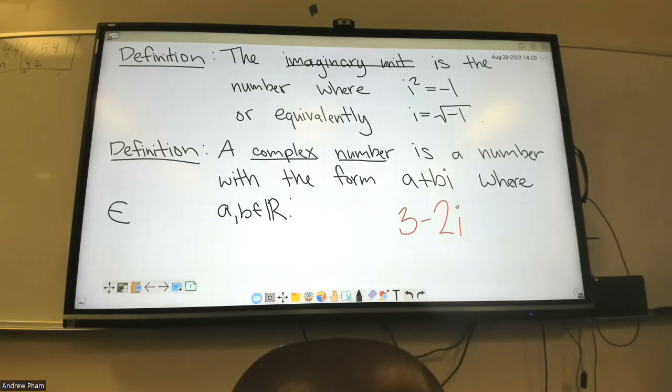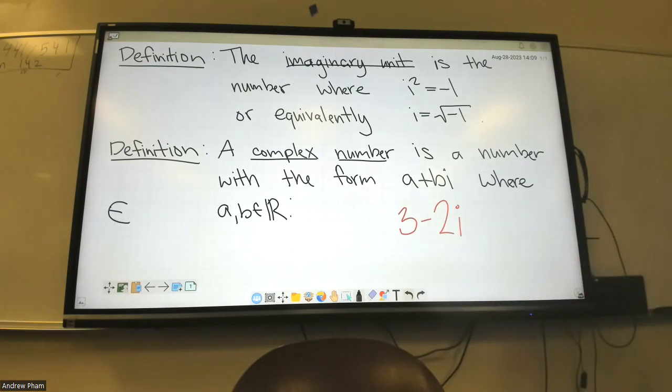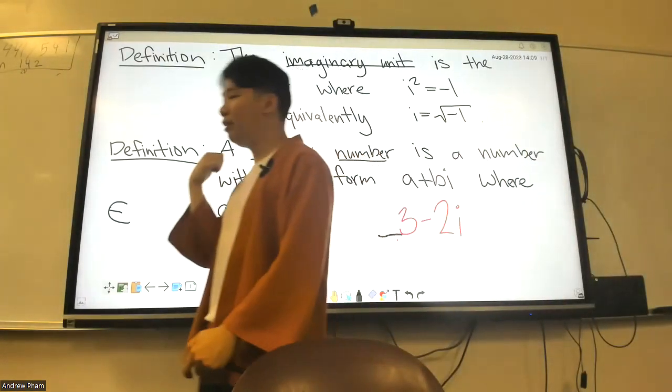Yeah, so as it turns out, the imaginary part in this example is -2, the part with the I. So real part is the number by itself, in this case, 3. The imaginary part is the part that has the I on it, so -2. So I have a real number plus the imaginary part times I, giving us a complex number.